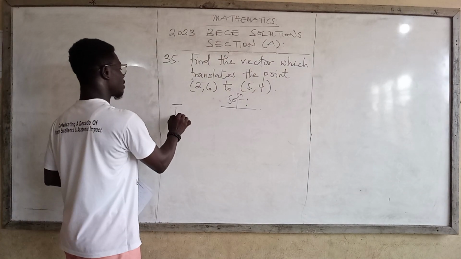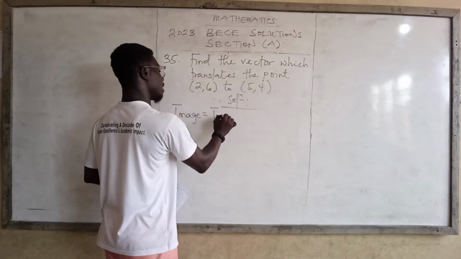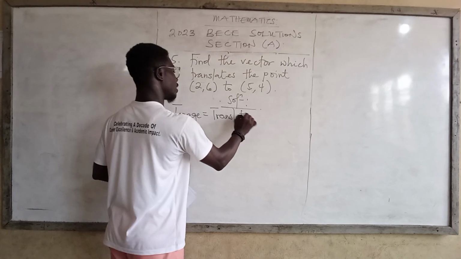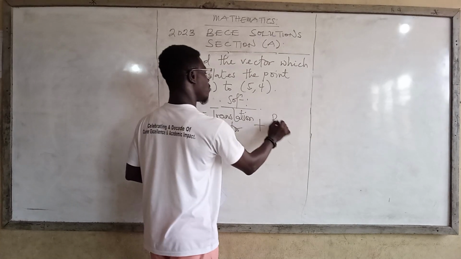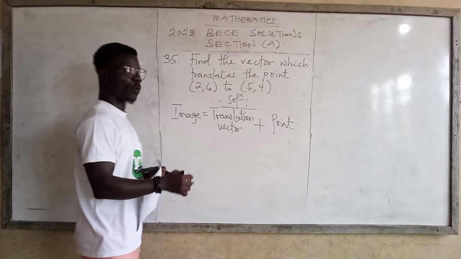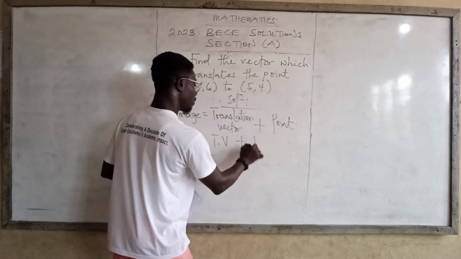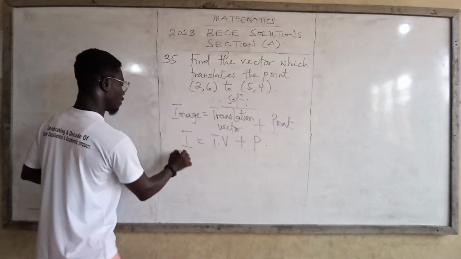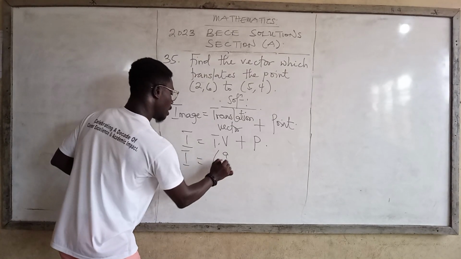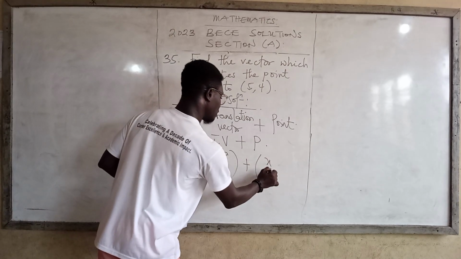So image is equal to translation vector plus point, or let's say object. So I have I being equal to TV plus P. Okay. So now I have I being equal to our translation vector (a, b) plus our P, which is (x, y).